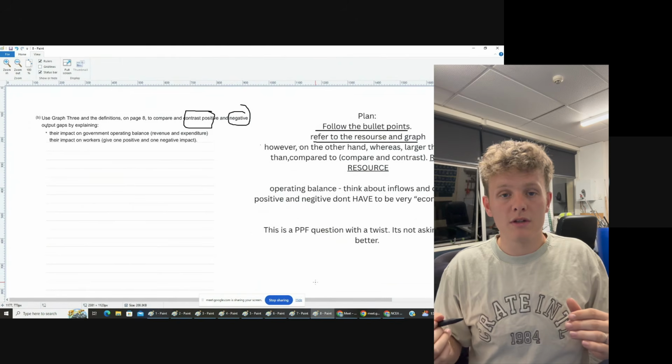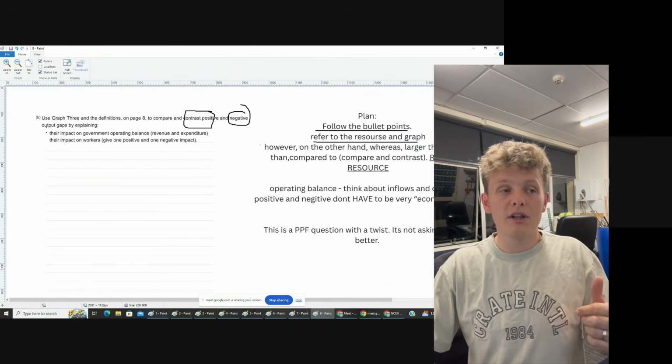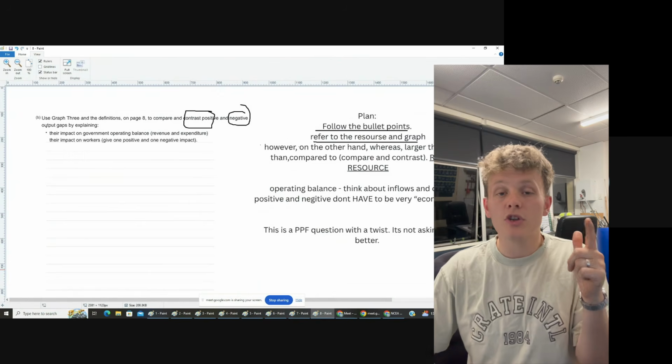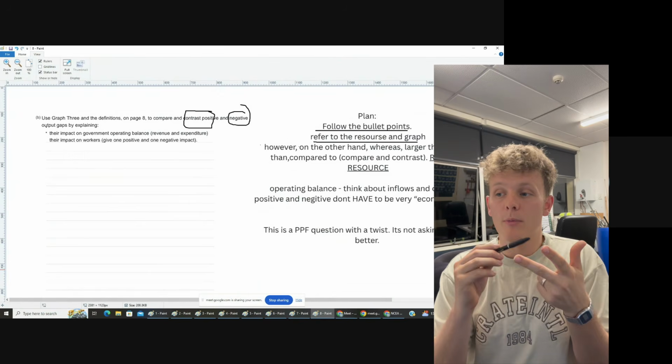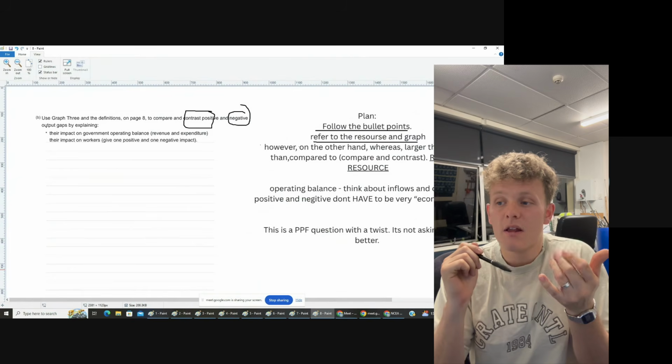Impact on workers, literally the same thing. In positive, you've got more opportunities, more job security, and more opportunities for promotion, increased consumption, more goods and services, less assistance from the government.